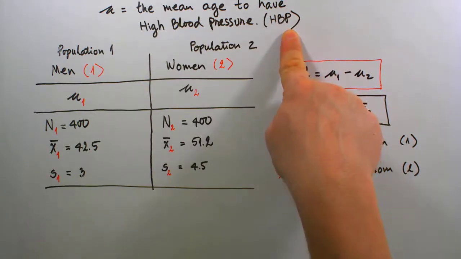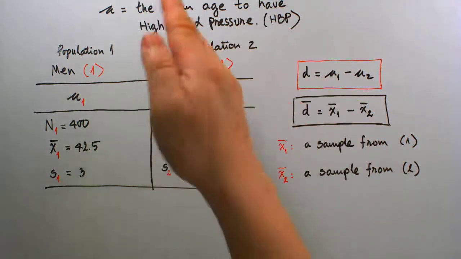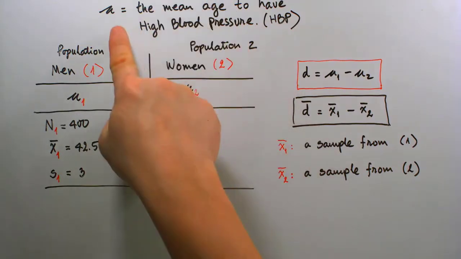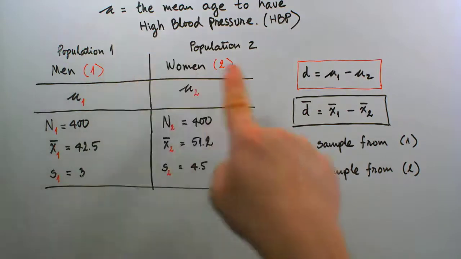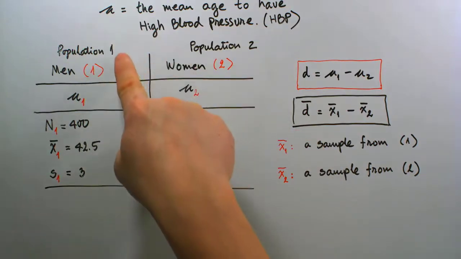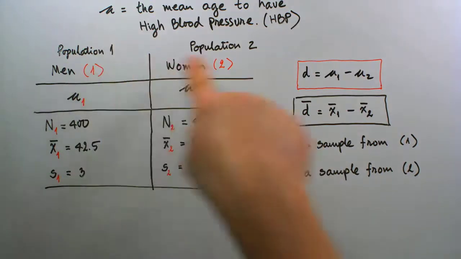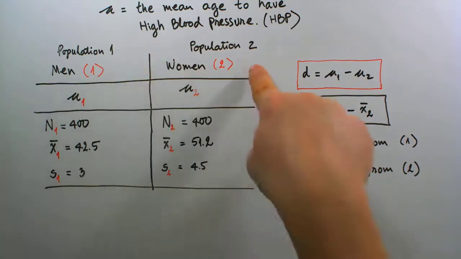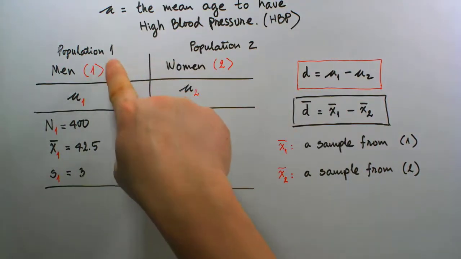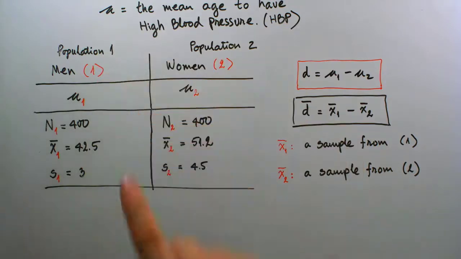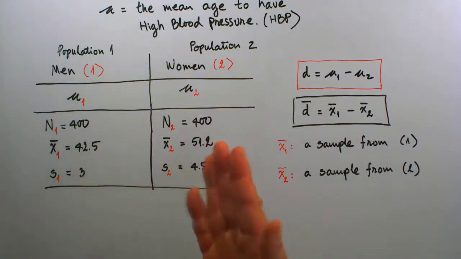And then we particularly would like to study this mean value on two separate populations, naming them population 1 and population 2. So these numerical labels are what I initially decided to give for the two separate populations here.